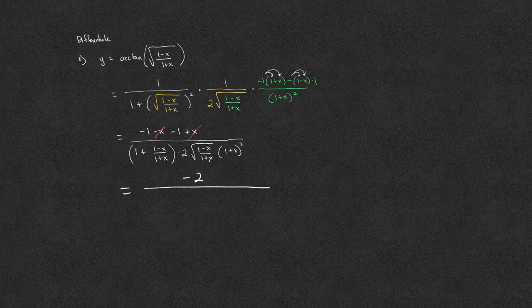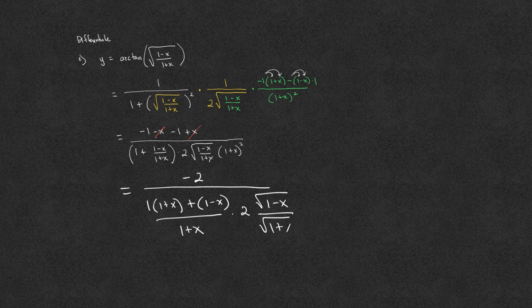Inside the first parenthesis, the common denominator is 1 plus x, so we will take 1 times 1 plus x plus 1 minus x, and the denominator is 1 plus x, times 2 times the square root of 1 minus x over the square root of 1 plus x, and then a factor of 1 plus x squared in the denominator.